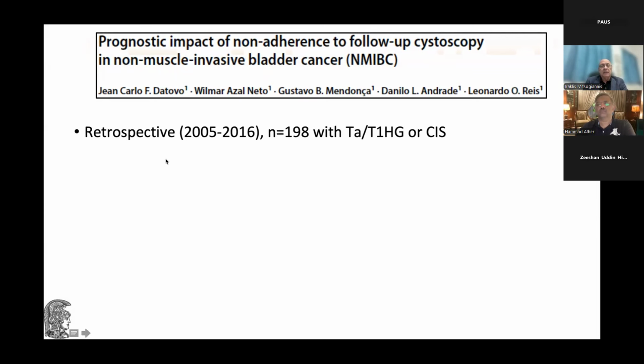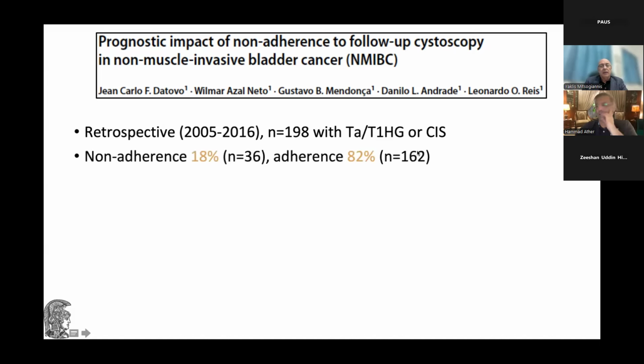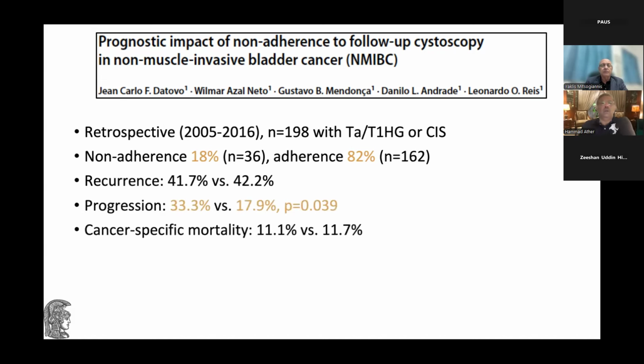For instance, this retrospective study included nearly 200 patients with Ta or T1 high-grade disease or CIS, and looked at adherence and non-adherence to the protocol. The adherence rate was about 82%, so 36 patients did not follow the protocol properly.